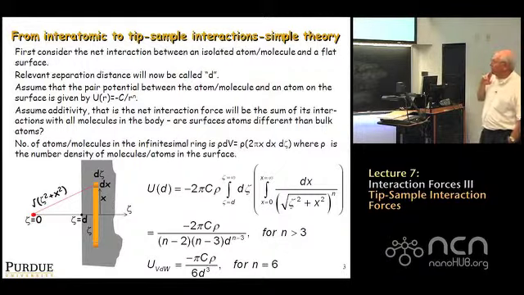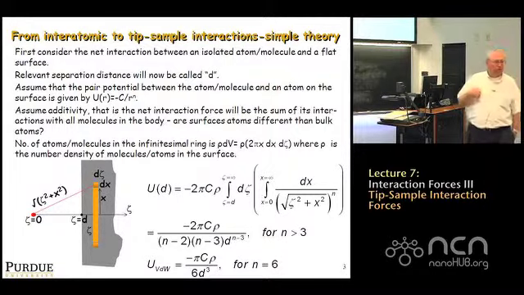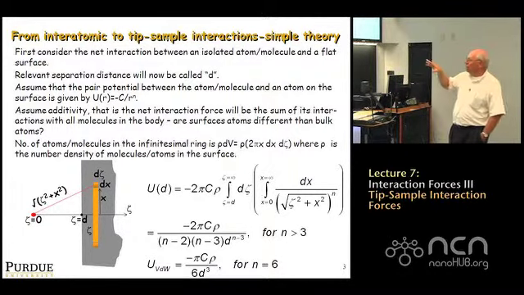When you do all that arithmetic, you end up with a formula, which I've written down, and then you can evaluate that formula for arbitrary n. We're going to pick n equal to 6, because that's the van der Waals interaction. And so at the end of the day, what we find is that the interaction energy between one atom or molecule suspended a distance d away from an infinitely large flat substrate is proportional to 1 over d cubed, with some numbers: pi, C, rho.